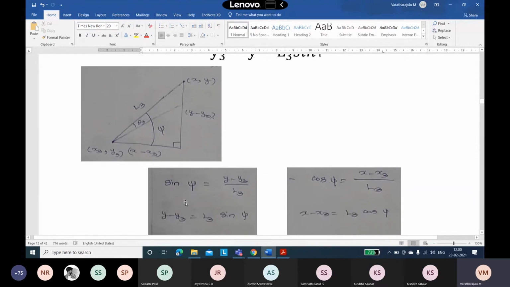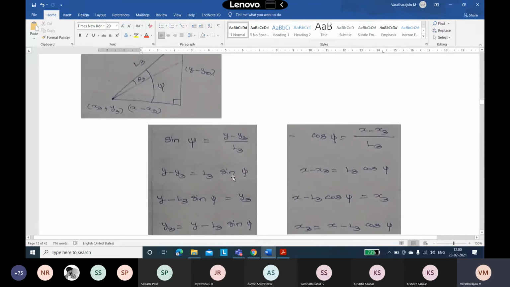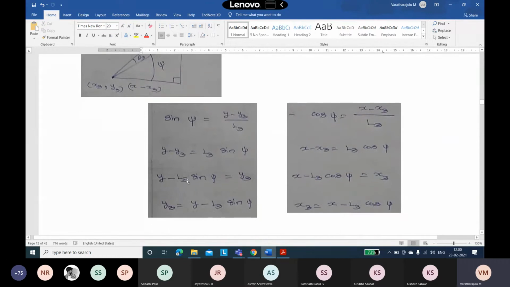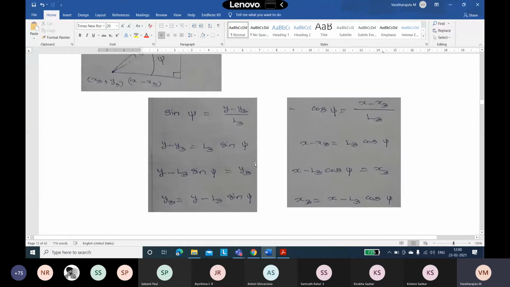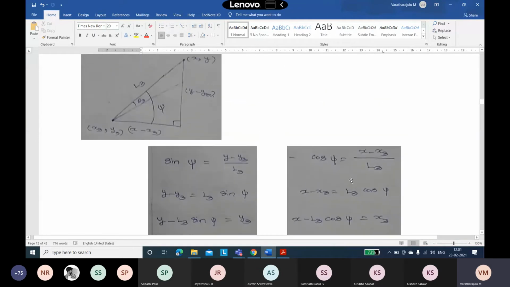Now I am going to do the simple calculation: sin psi is equal to opposite by hypotenuse, that is (y minus y3) divided by L3. From this, y minus y3 is equal to L3 sin psi, so y3 is equal to y minus L3 sin psi. Similarly, cos psi is equal to adjacent by hypotenuse, (x minus x3) divided by L3.